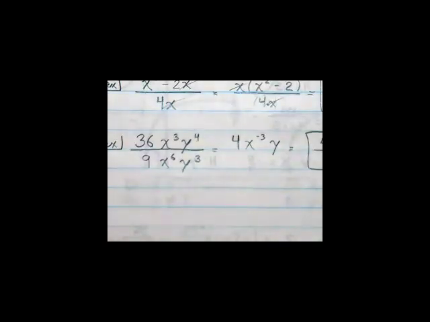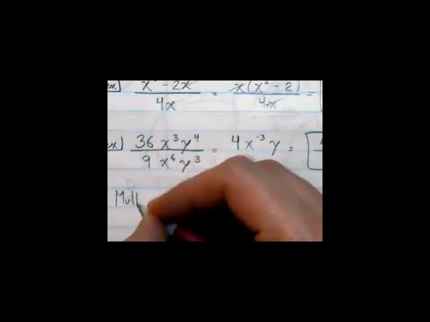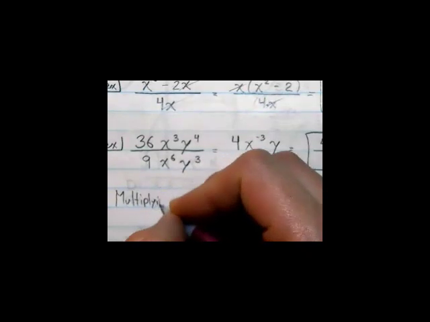So, doing some multiplication here then. Let's give it a try. Basically, the rules for multiplying with these is the same as the rules for multiplying any fractions. Top times the top, bottom times the bottom. Okay?